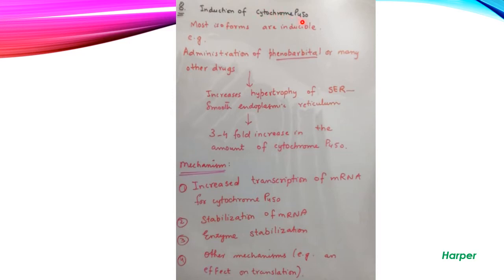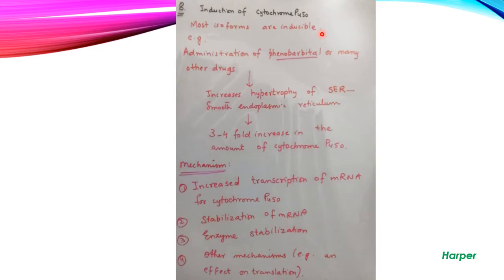So cytochrome P450s are mostly found in their inducible forms, meaning that cytochrome P450s are found in different cells, but these are induced by some triggers, by some initiators.